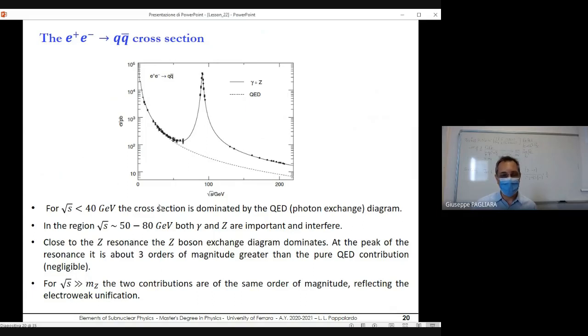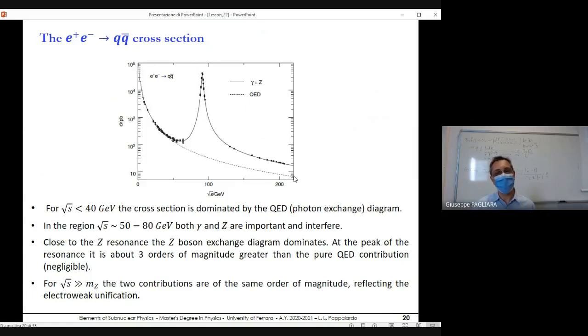By increasing energy, in the region between 50 and 80 GeV, the contribution from the Z, the weak neutral current, becomes sizable. Then at the resonance, it becomes totally dominant, of course. The electromagnetic is suppressed by 4 orders of magnitude here, so it is now purely weak.